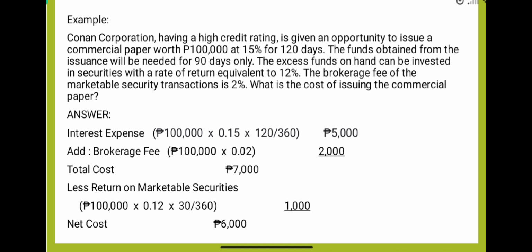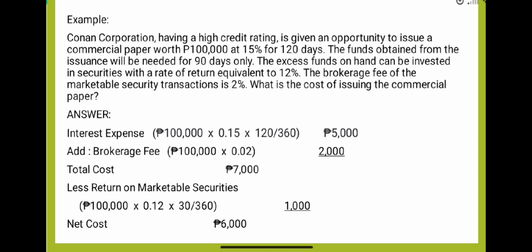Then B, assignment of account receivable. So assignment of account receivable is a method of debt financing whereby the lender takes over the borrowing company's receivable. Then C, factoring of account receivable.